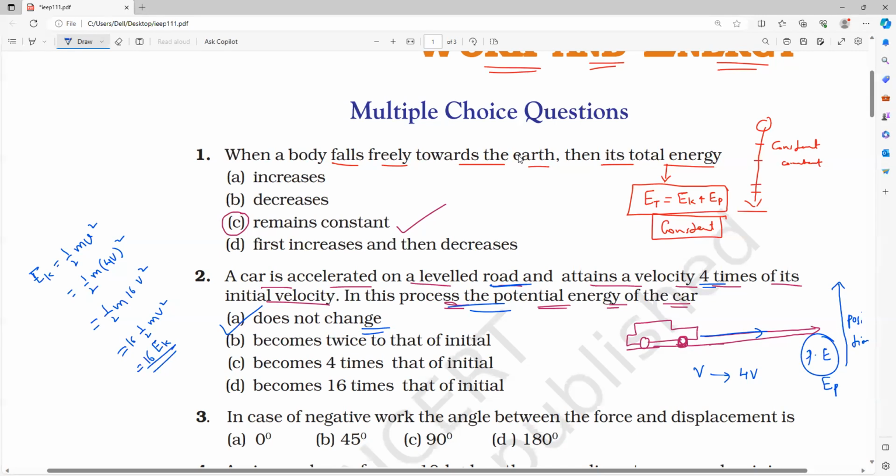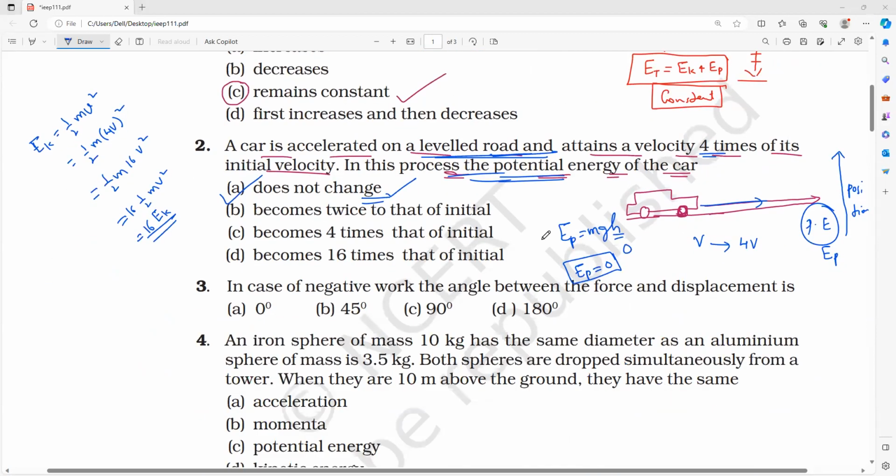That is kinetic energy, but they are asking about potential energy. Potential energy equals mgh. It is traveling on a leveled road, so the change in height is 0, so the change in potential energy is also 0. It does not change. Clear everybody? So first read what question they are asking.